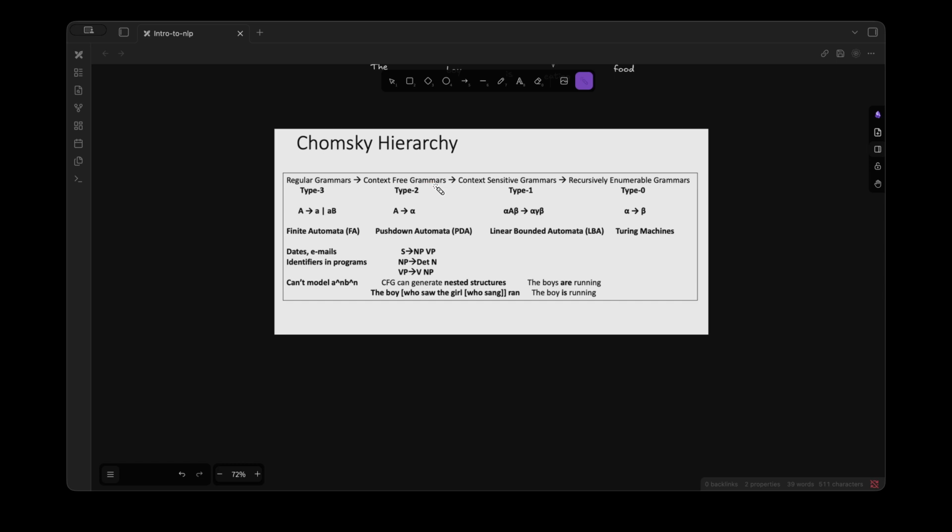Context free grammar is what we are going to use for the most amount of time. You can understand context sensitive grammar and recursively enumerable grammars, but we're not going to talk about them. The Chomsky hierarchy is mostly needed only for context free grammar, but if needed, I'm going to make a separate video to cover these things in detail.